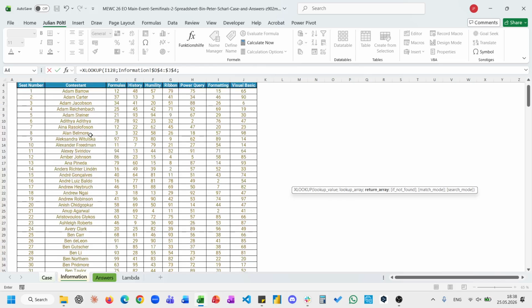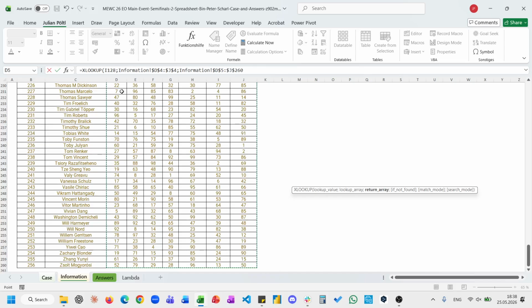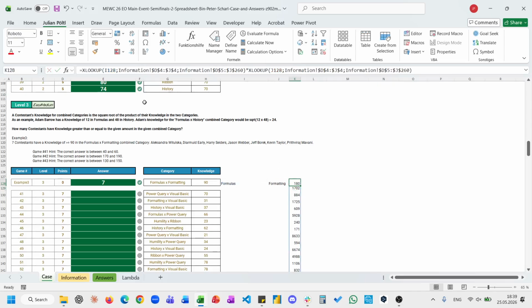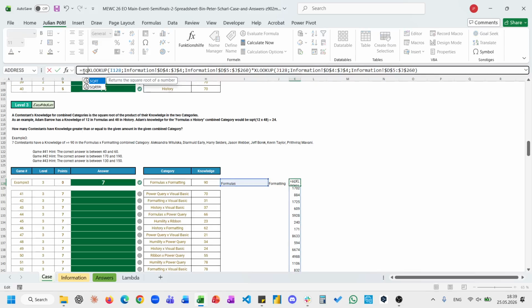And yes, I could name this, but you know, I like to be inefficient. And this has to be 2 times, multiplied, and then taking the square root, and the square root will spill.